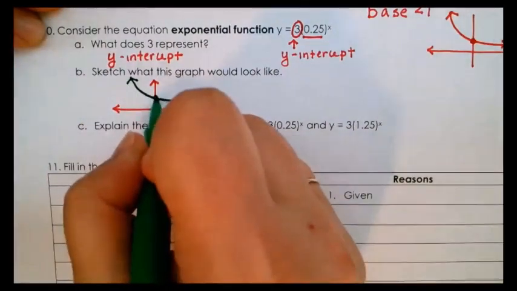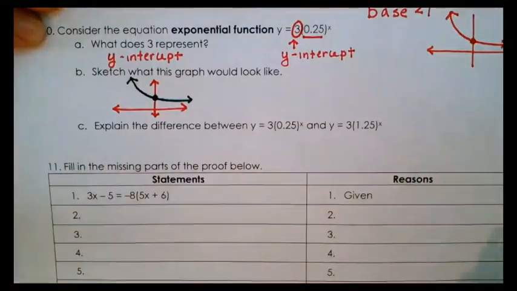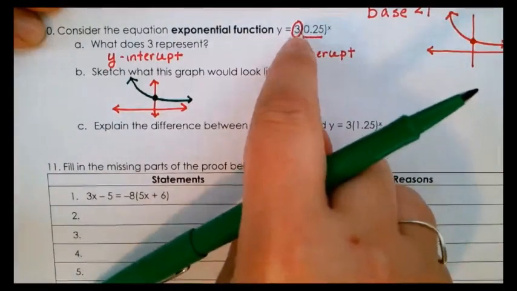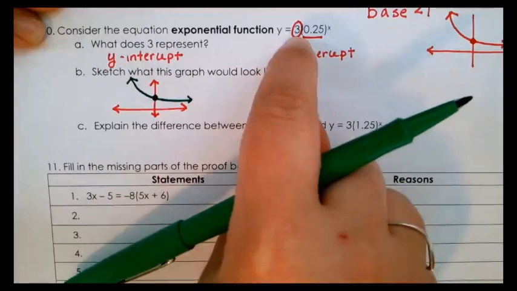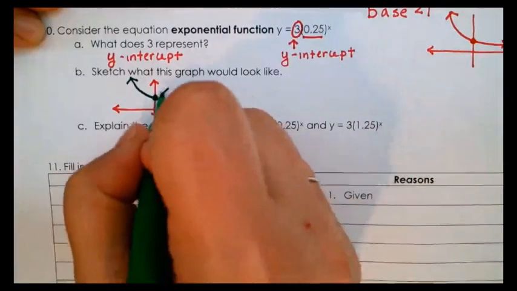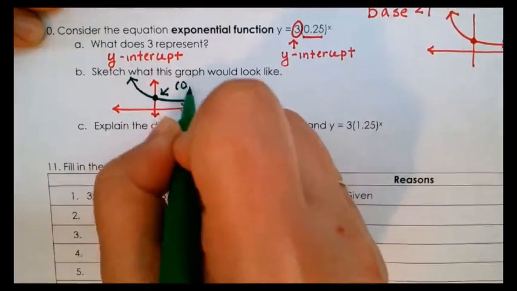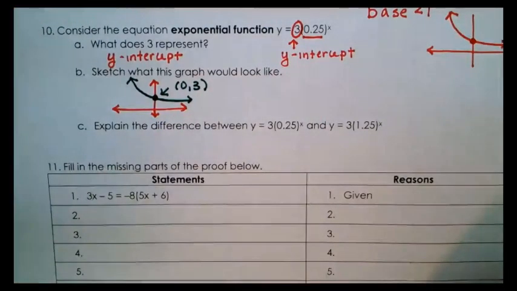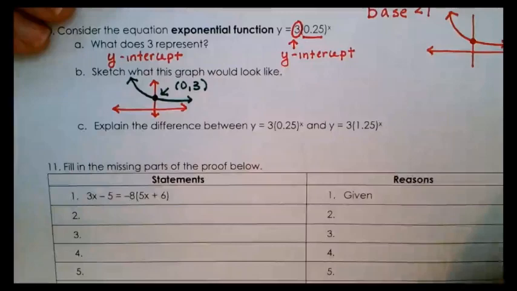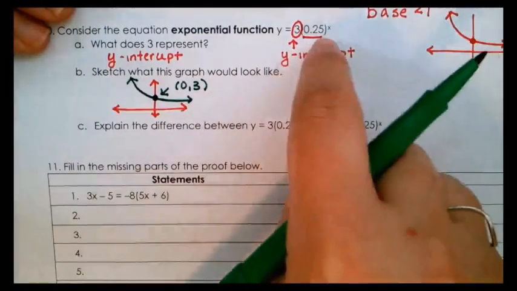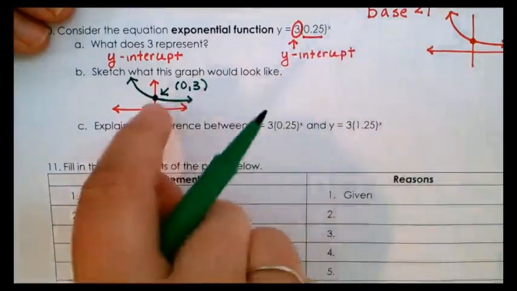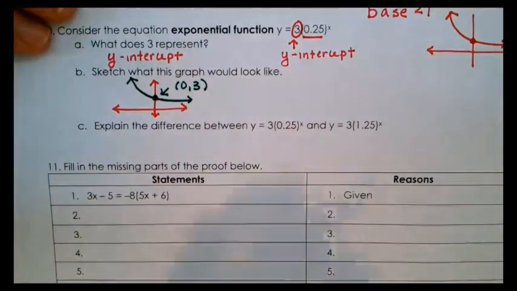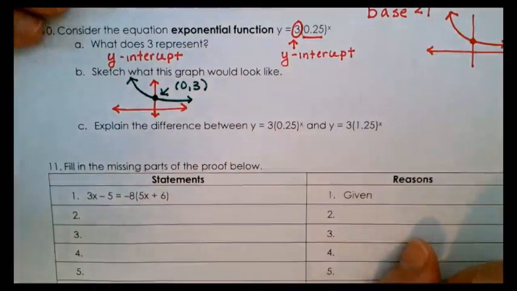However, this y-intercept is not going to be 1 anymore. It's going to be that 3, that number in front of your base, the coefficient to your base. So this is going to be 0, 3. So that's a rough sketch of what this exponential function will look like. It's going down because the base is less than 1, and it's crossing the y-axis at 3 because that's the number in front of your base.